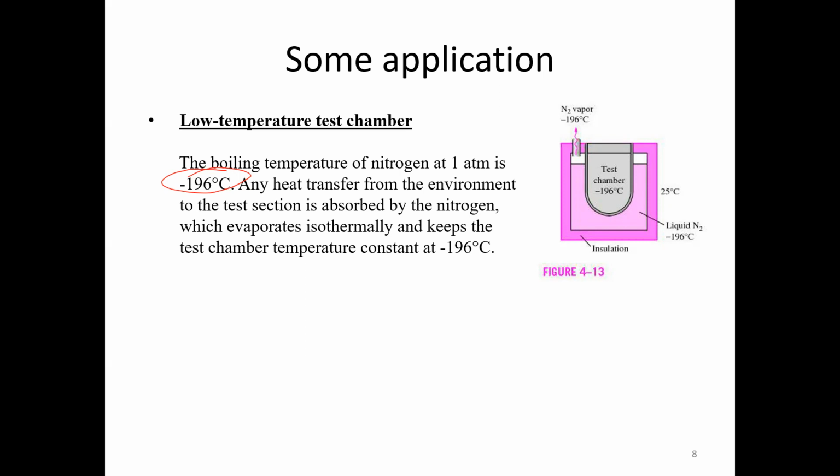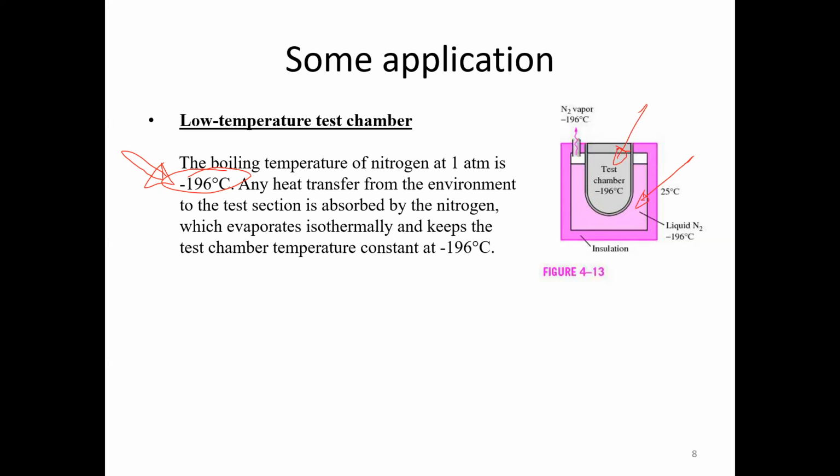So it has a very low temperature, and the boiling temperature is minus 196. If you put this liquid nitrogen, as you see here in this figure, inside a container, and there is a chamber inside the container, we store whatever we want to store here.